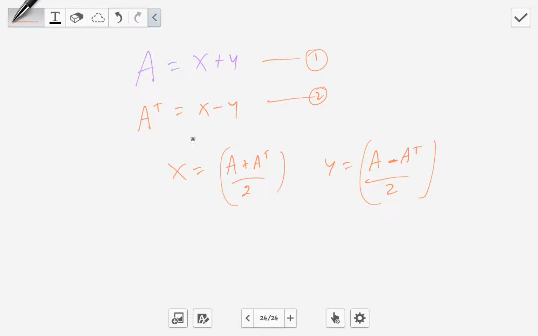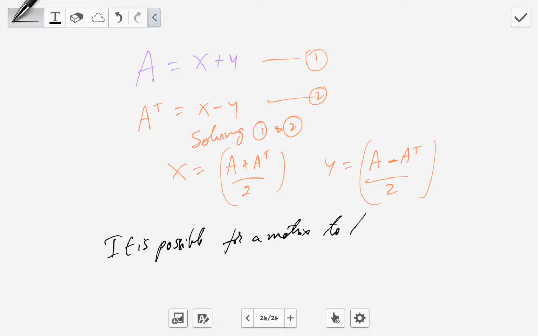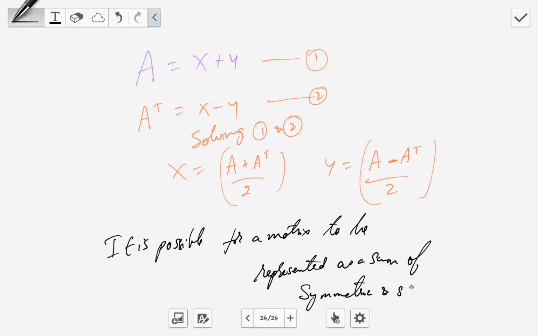So what we have proved is it is possible for a matrix to be represented as a sum of symmetric and skew symmetric matrices.